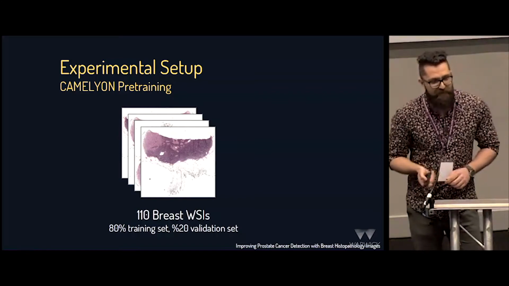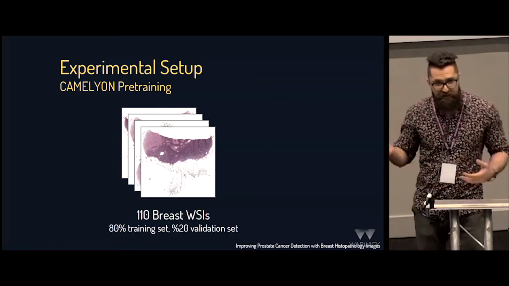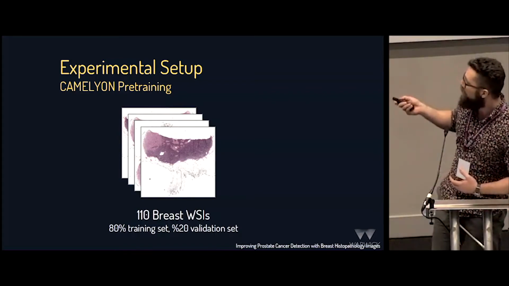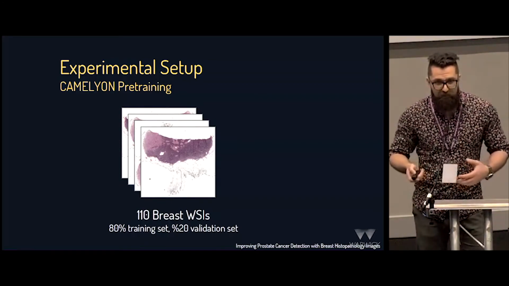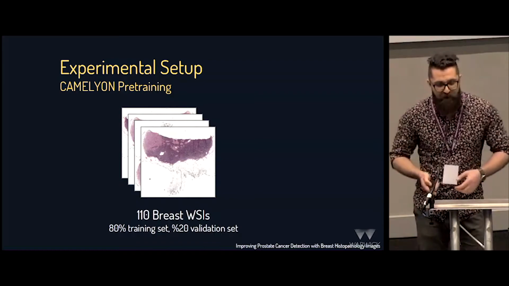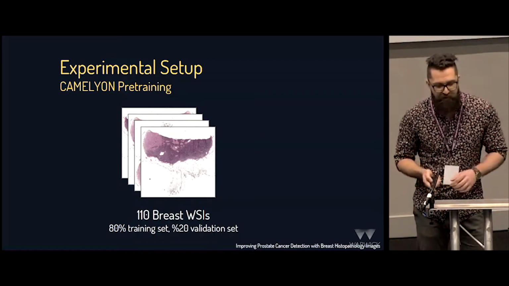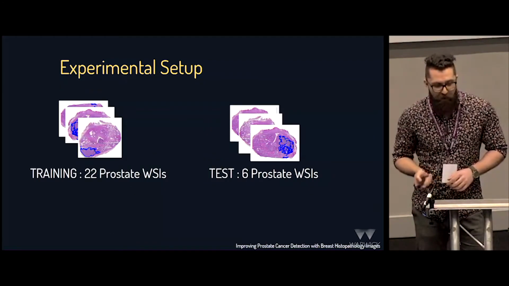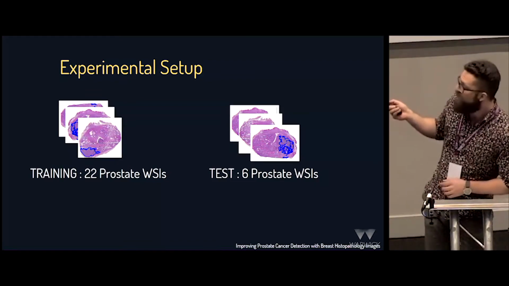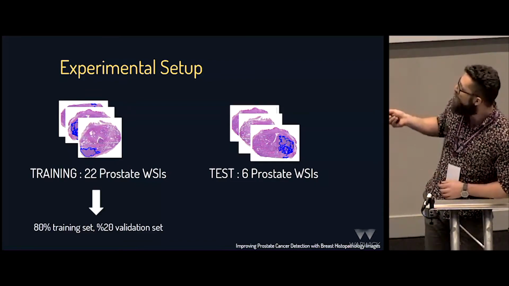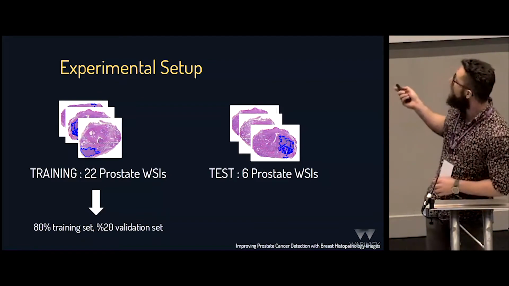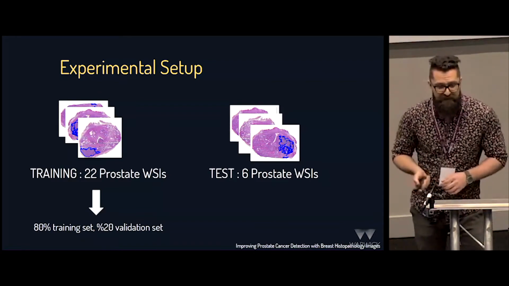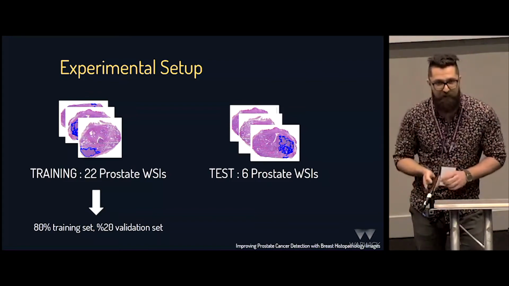So experimental setup, Chameleon pre-training, the breast tissue pre-training consists of 110 whole slide images, meaning millions of samples of tiles, those small tiles I have mentioned. And our data has 28 whole slide images, 22 of them basically used for training, and six patient cases are totally separate for testing.